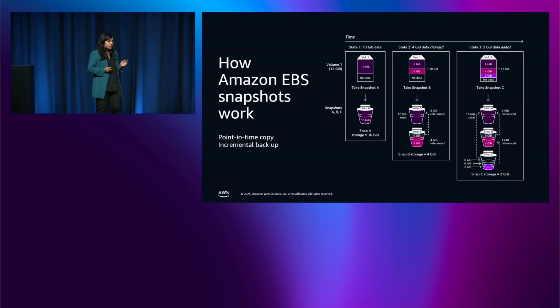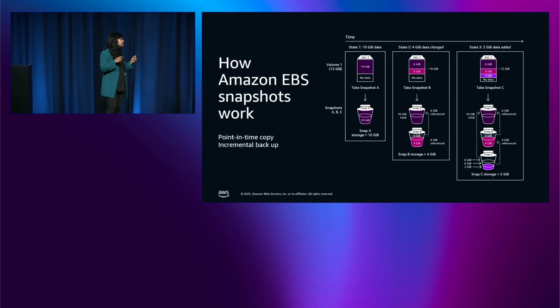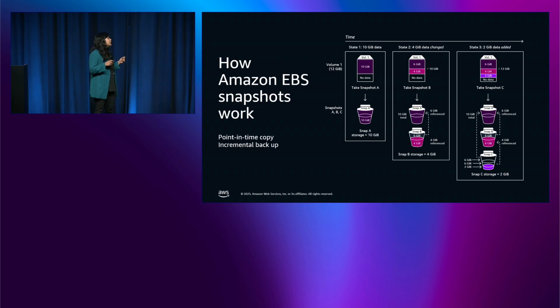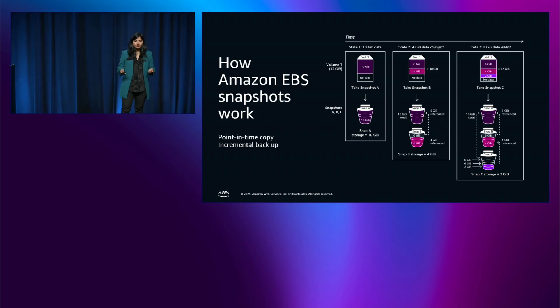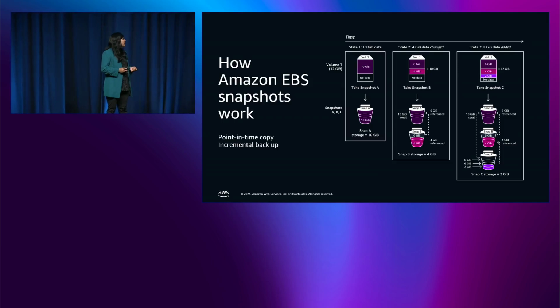Since we are talking about cost and price and performance, I wanted to educate you on how EBS snapshots work and how, behind the scenes, we are trying to optimize that price and performance for you by avoiding duplicated data. In state one, for example, you have 10 gigabytes of data, a 10 gigabyte volume.